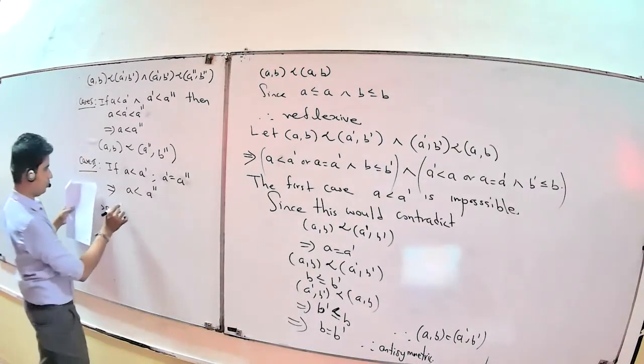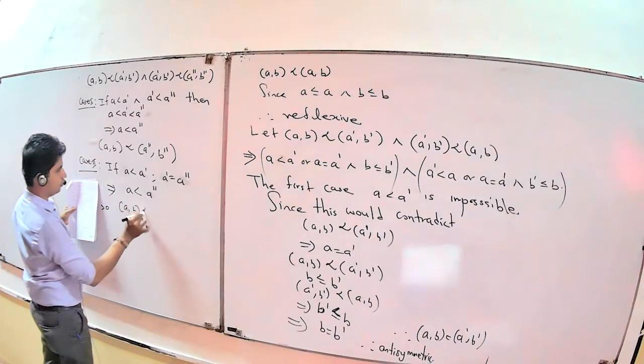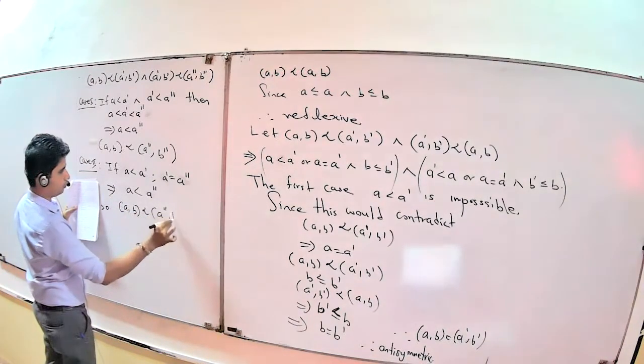So in this case also A comma B is related to A double dash B double dash.